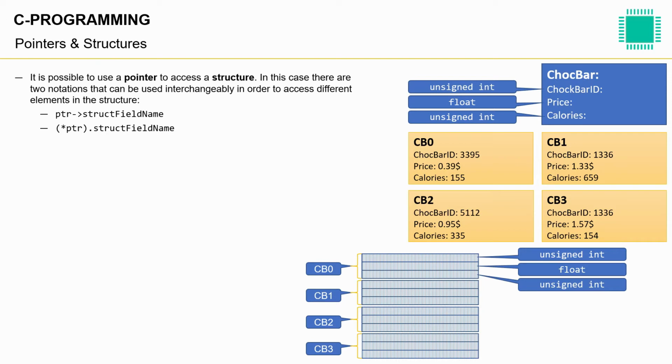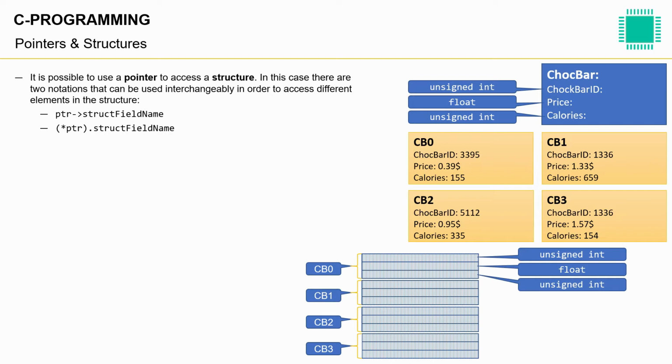And this is how it would look like in memory. Each one of them will have an unsigned integer, a float, and an unsigned integer, so 2 unsigned integers and a float per instantiation.